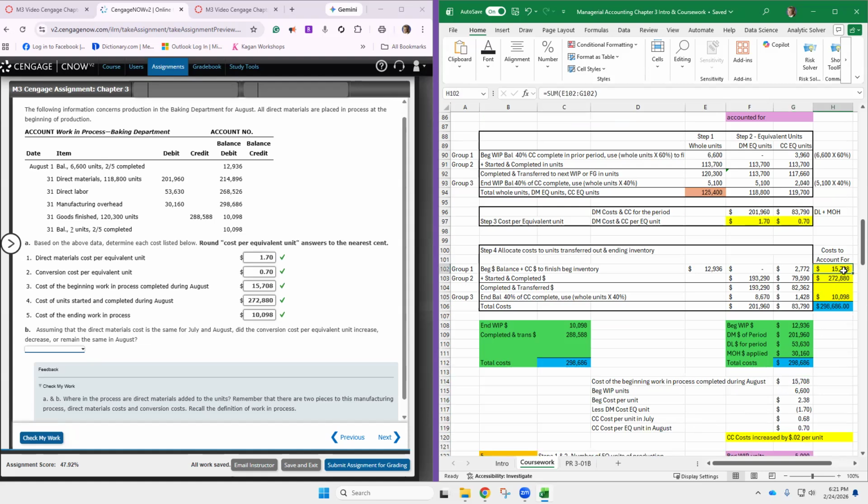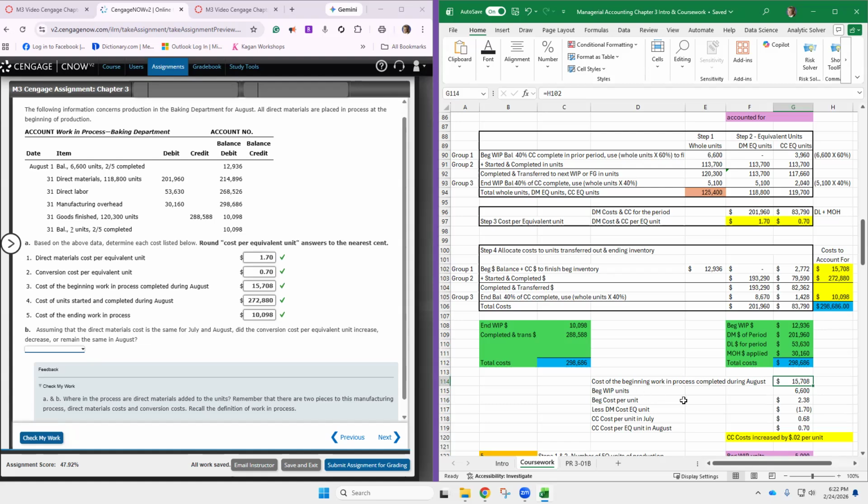I'm talking all the costs. I put 15,708. That's all the costs to finish those 6,600 units that were 40% complete. Here's how much it's going to take to complete 100% of it.